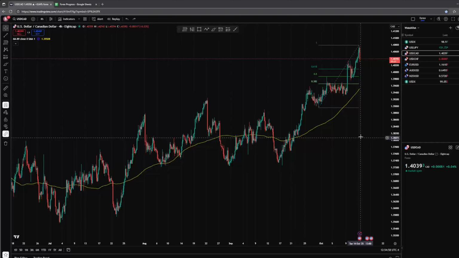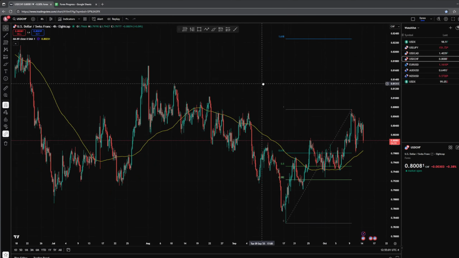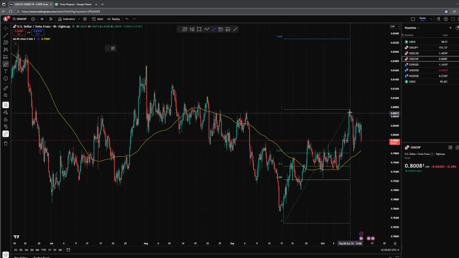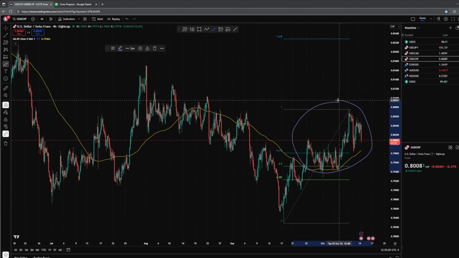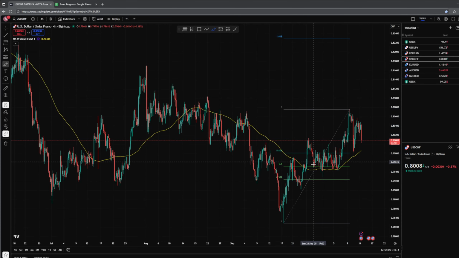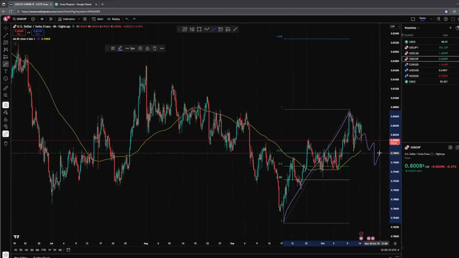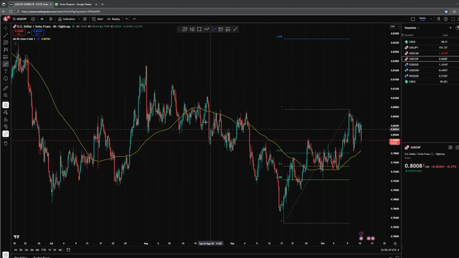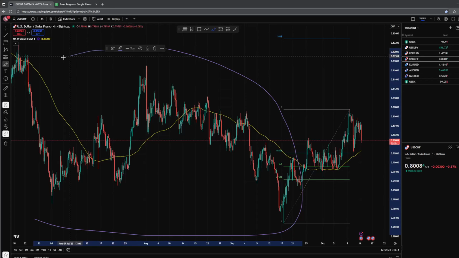Okay, next pair, USD Swiss franc. So here we have the majority of the candles hanging out above the yellow moving average line. That means the overall trend is up and the market is expected to go up, retracement, up like this. But one thing I don't like about the USD Swiss franc is that the overall trend in the bigger picture seems to be down, right?